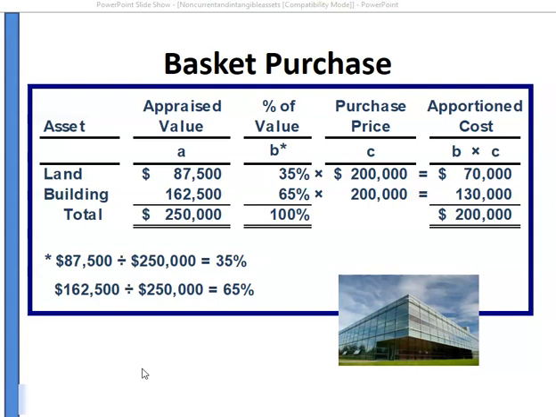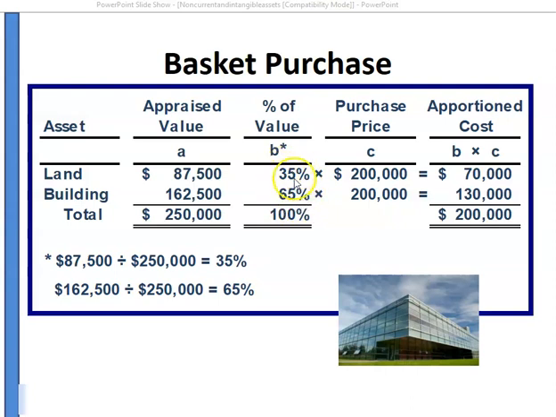So what we do here is we just say, okay, we're going to add these two figures. Appraised value 87.5 and 162.5 is our 250. And then if we were going to divide 87.5 over 250, that would give us a decimal of 35%. And with the building, we'd have a decimal of 65%.